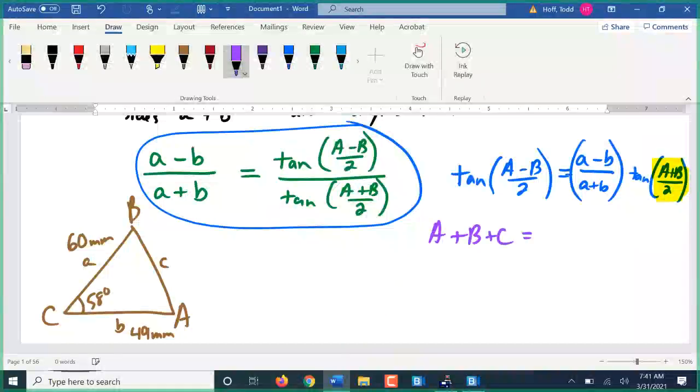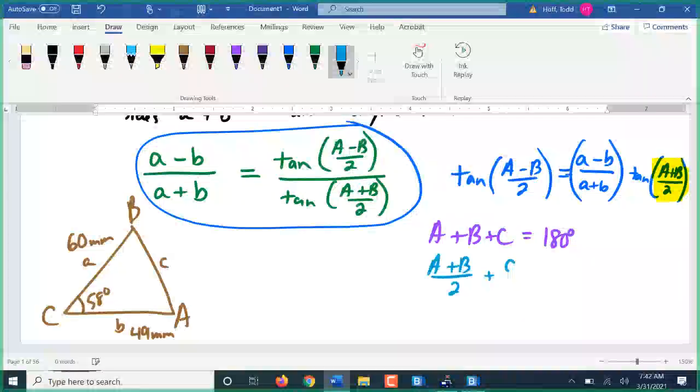Now I want to take a peek at this little piece right here, a plus b over 2. What do a plus b plus c have to add up to? The three angles of a triangle add up to 180 degrees. Well, if I add (a plus b) over 2 to c over 2, what does that have to add up to? I divided everything by 2, so that means 90.